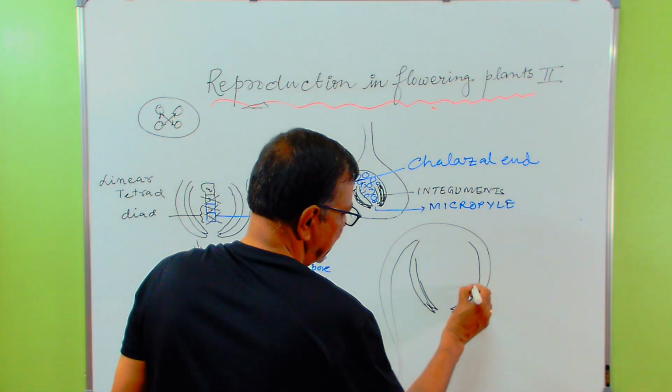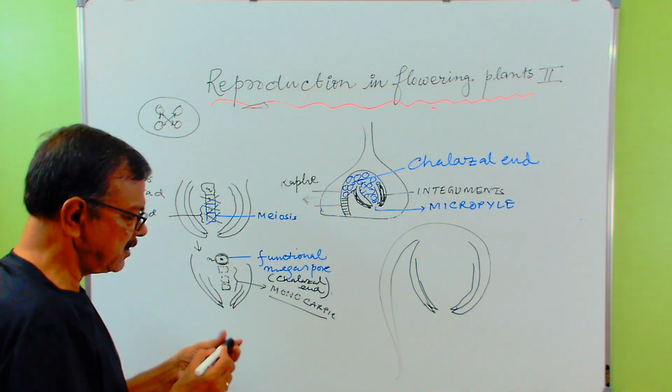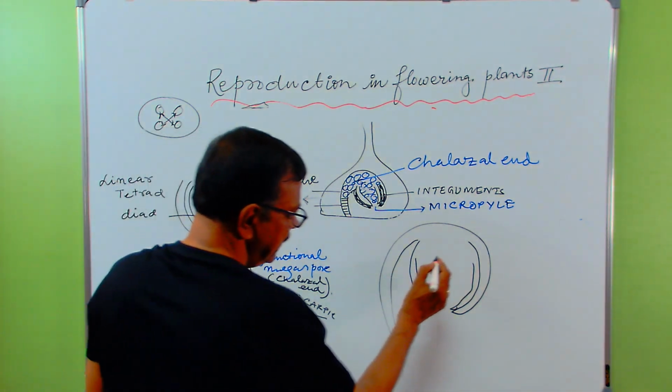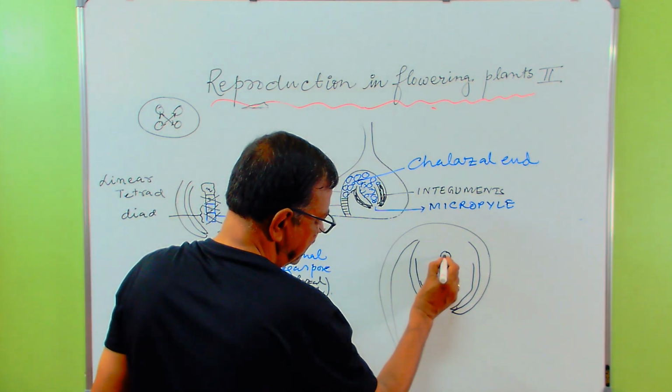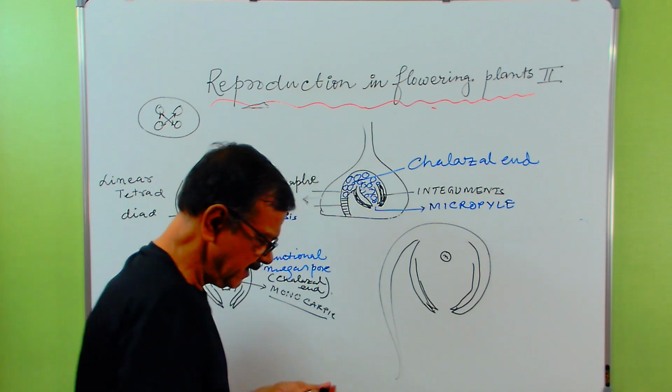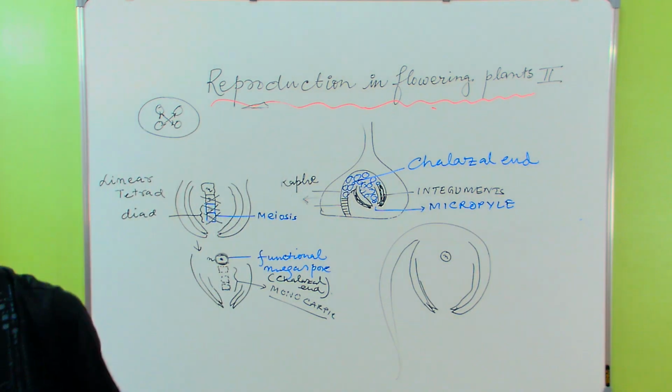This is inner integuments, outer integuments, and only one functional megaspore is there. It remains encircled, and now the cell wall develops.